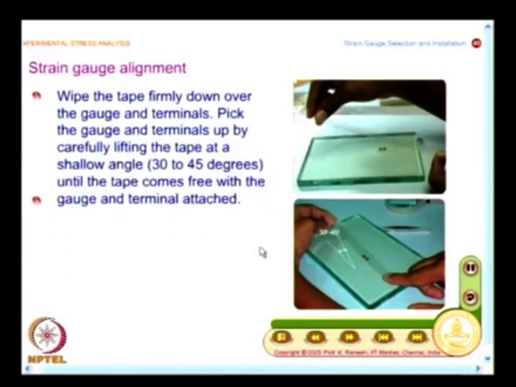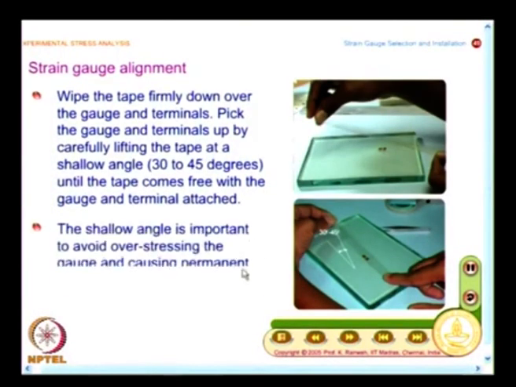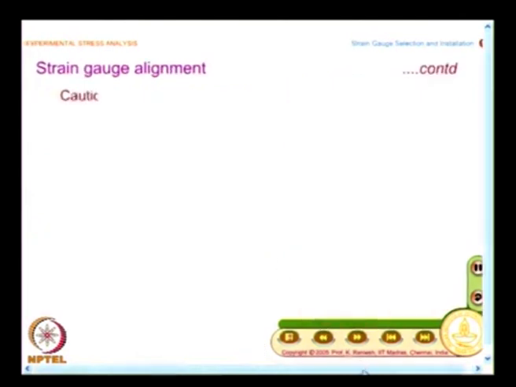You put it and align it, and then only go for actual bonding. This is emphasized: the shallow angle is important to avoid overstressing the gauge and causing permanent resistance changes. Though this is trivial information, it needs to be adhered to.